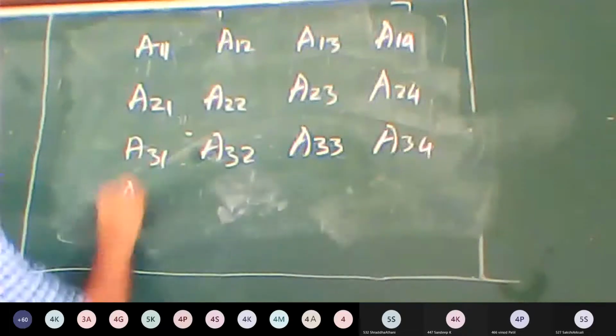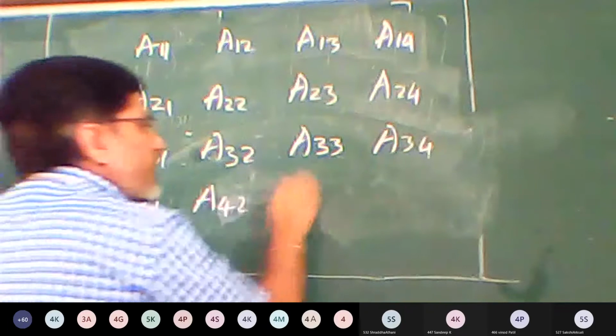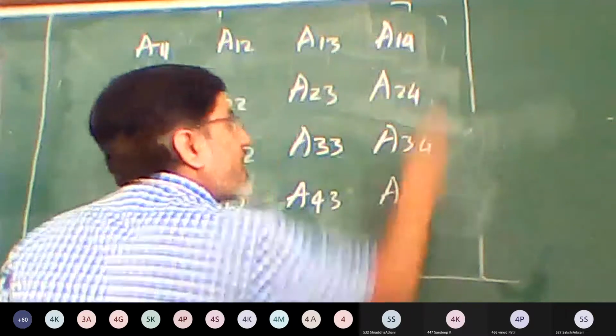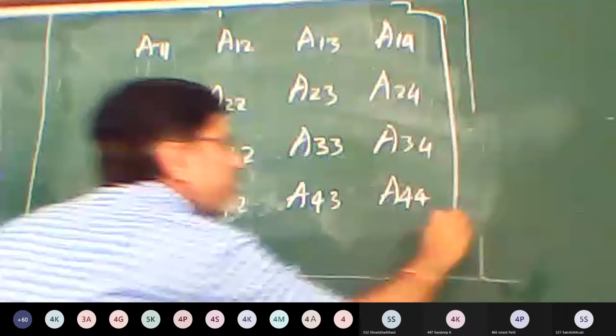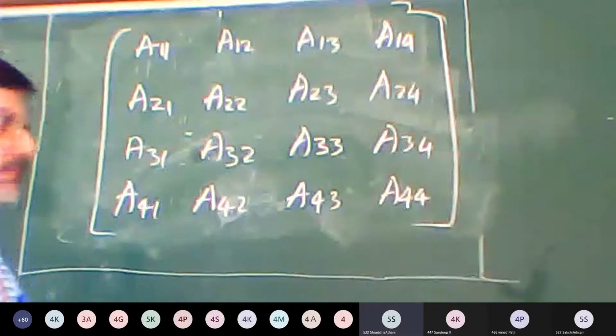The last row would be A41, A42, A43 and A44, which are the elements of a particular matrix. Is it visible clearly? Yes, sir.